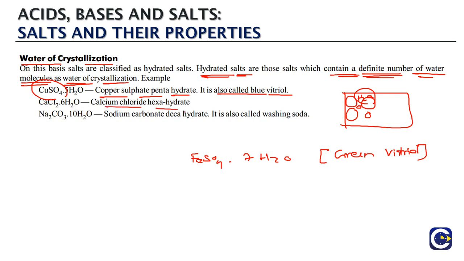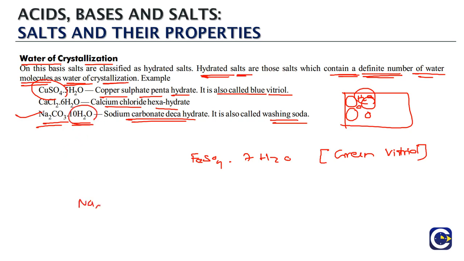Then we have CaCl2.6H2O. It is calcium chloride hexahydrate. We will see a lot of these salts will have water of crystallization. Na2CO3.10H2O, sodium carbonate decahydrate. This is also commonly called washing soda. So we have a good number of salts that will be having the water of crystallization, and water of crystallization will bring some specific properties, like the washing nature of the washing soda is because of the water of crystallization.